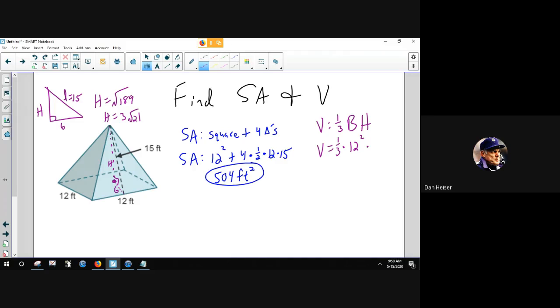So there's our vertical height, 3 square root of 21. Not the prettiest number, but we'll have to live with it.